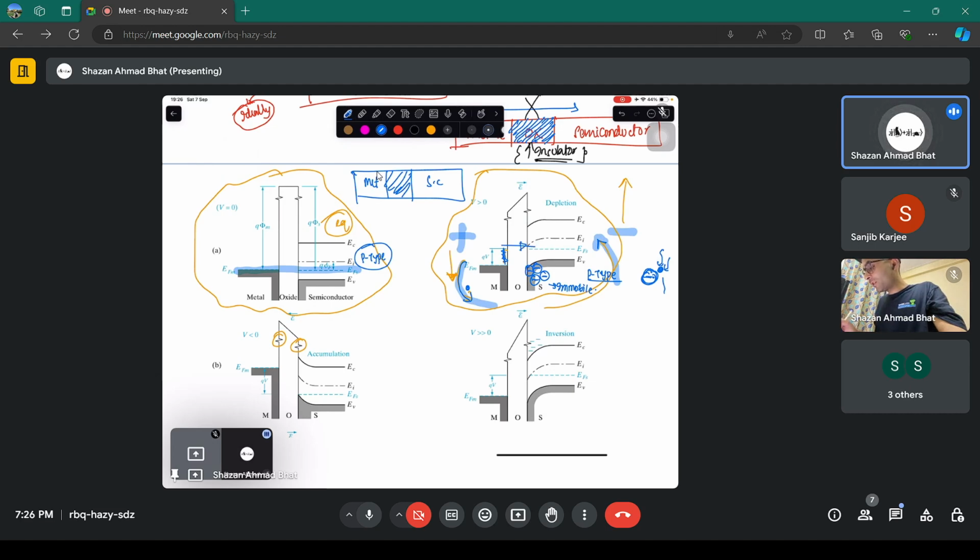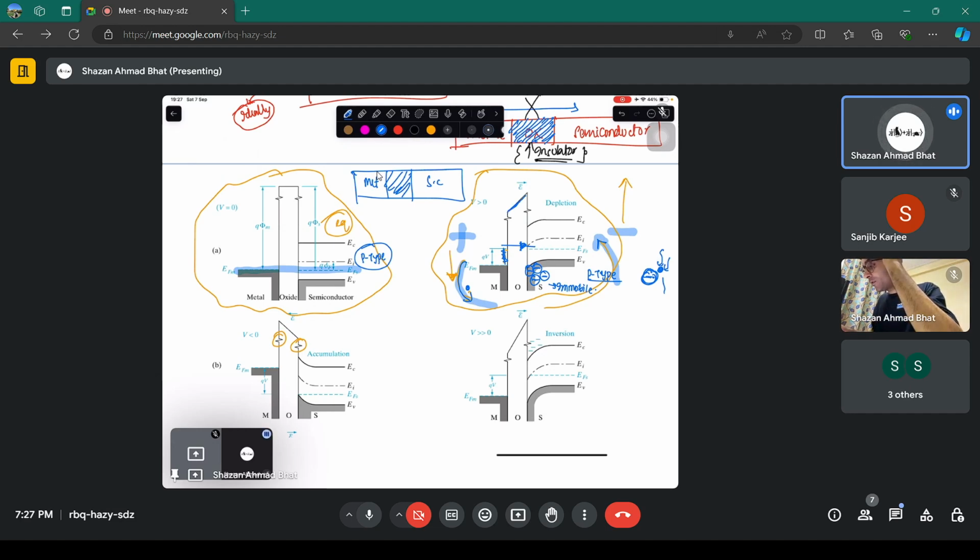Electric field is in this direction along the oxide. Inside the oxide there is no charge, but through the oxide the electric field has to be continuous. That is the continuity from Maxwell's equations. The electric field has to be continuous throughout the oxide, unless there is free charge present in the oxide. Remember this. And the electric field direction is on this side.